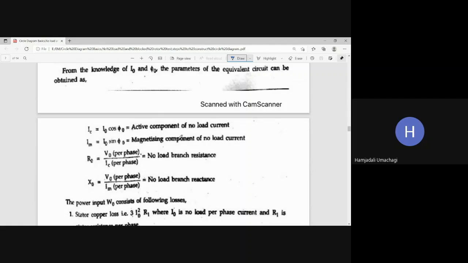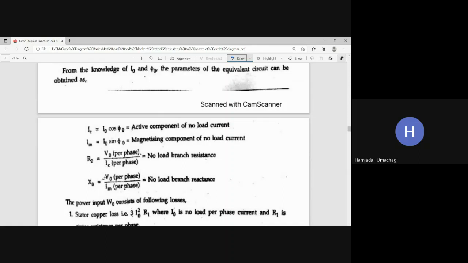Similarly, the magnetizing component of the no load current, denoted by Im, is given by I naught sin phi naught. These formulas are very similar to those of the equivalent circuit of a three phase induction motor. Then the no load magnetizing branch resistance R naught is given by V naught per phase divided by IC per phase.